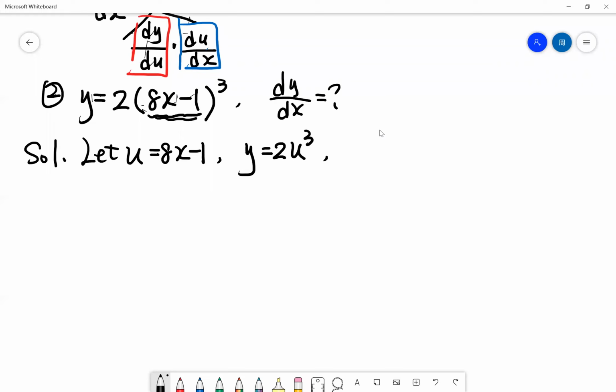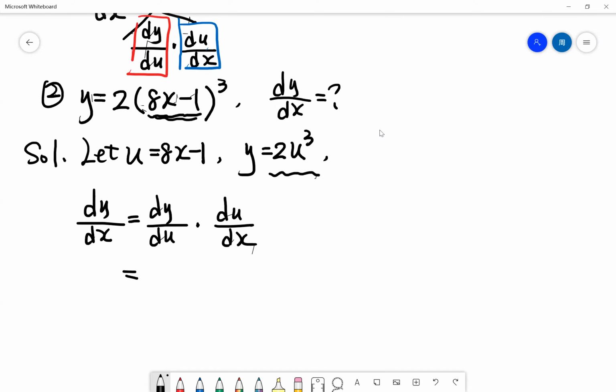So I rewrite y equals 2u to the power 3, and then dy by dx equals dy by du times du by dx. Then the outside, dy by du, equals 6u squared, right?